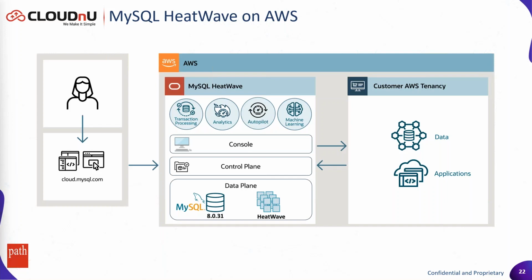Once you create your database, you get to tell it which region, and normally and most likely you put it in the same region where your AWS account is. Once you do that, you also get to select your backup frequency, how long you want to keep it, and so on.